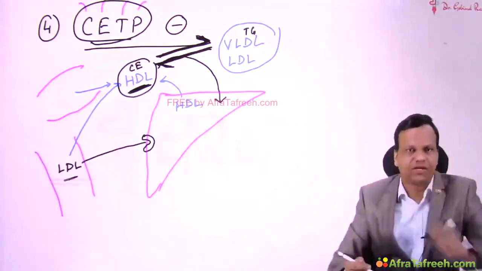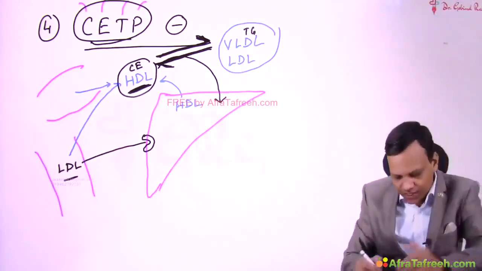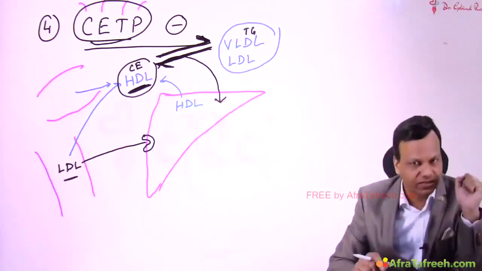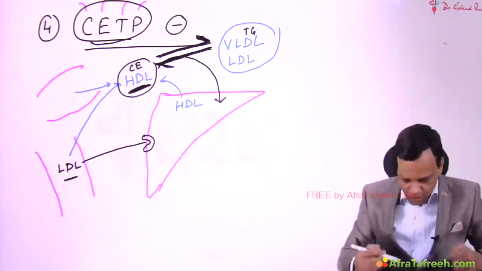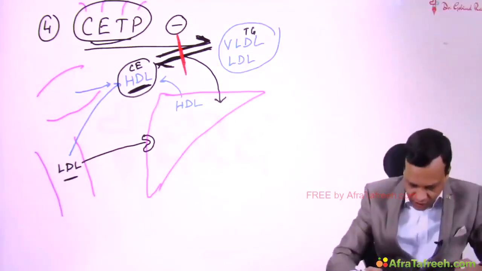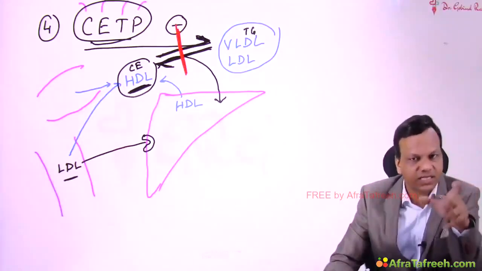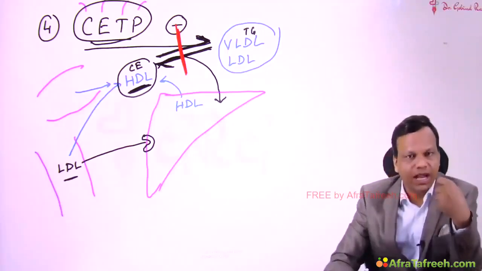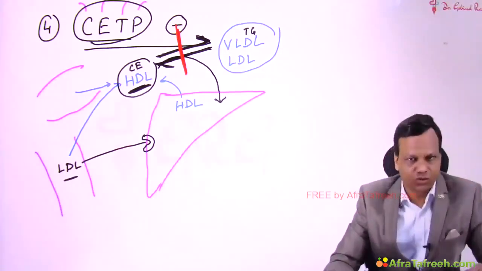Now if this happens, then the cholesterol which HDL has taken from the peripheral tissues will again go into LDL, and that LDL can again deposit in the blood vessels. We do not want this, otherwise cholesterol will again go into blood vessels. So we have developed a drug which inhibits this CETP. When we inhibit CETP, HDL will not go into the exchange program, and HDL will increase. When HDL increases, we can protect from atherosclerosis.